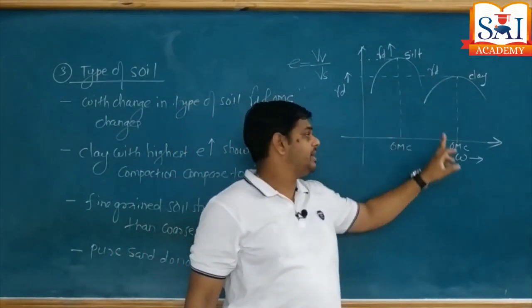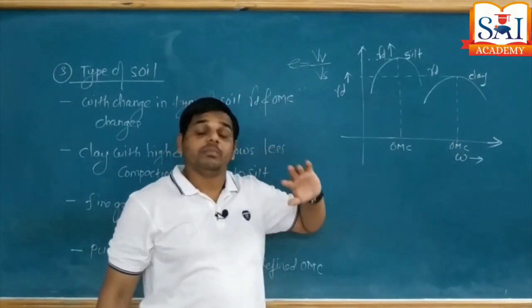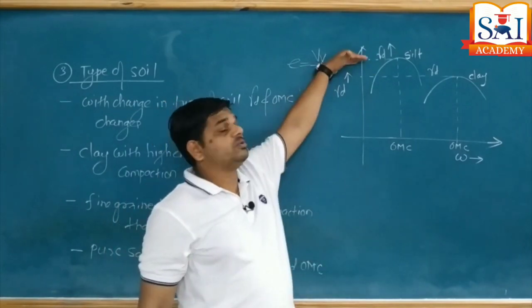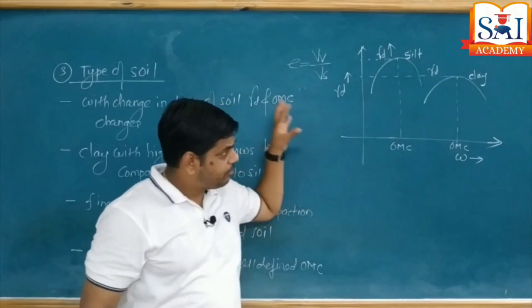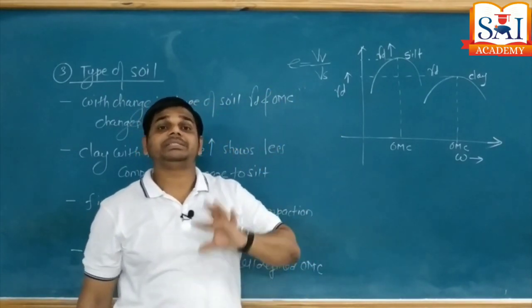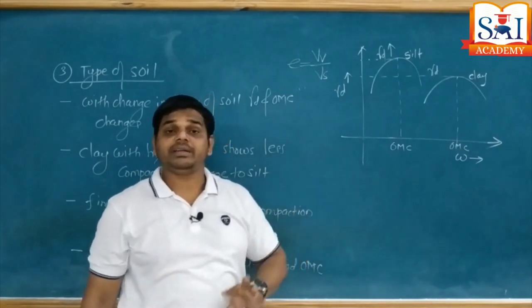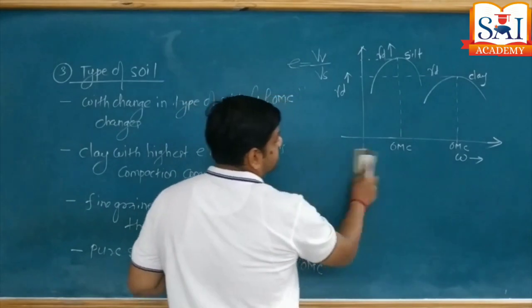Clay soil shows the highest values of OMC compared to silty soil, and silty soil shows the highest values of dry unit weight compared to clay soil. Now we can apply this same principle not only for these soils, but for the basic classification of soil, that is fine grain and coarse grain, and the behavior of soil remains the same.